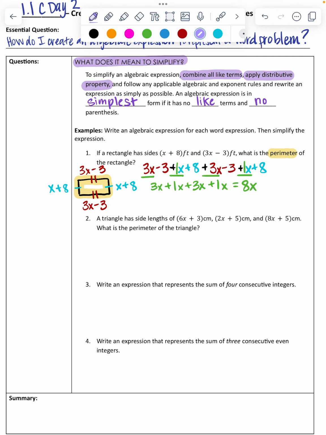So I have -3, +8, -3, and +8. When I combine all of those, I get 10. So my simplified expression to represent the perimeter is 8x plus 10.